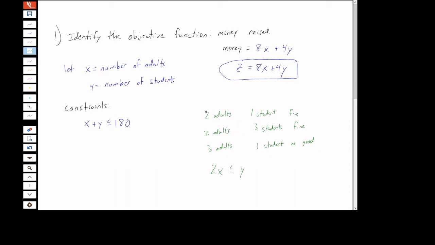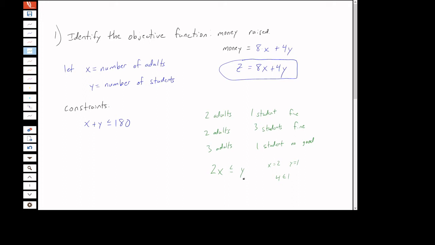But when I try the numbers, if I put 2 in for x and I put 1 in for y, then I get 4 less than or equal to 1, which is not true. So this is not the inequality that really represents that.